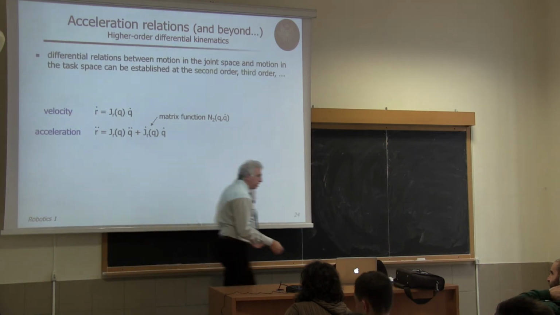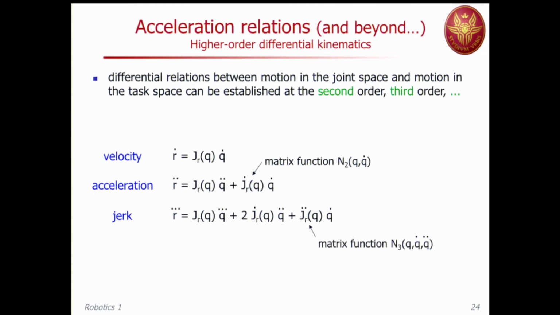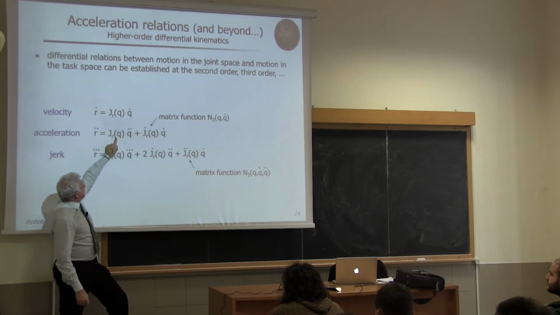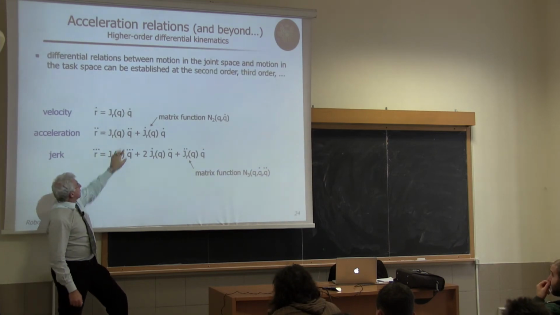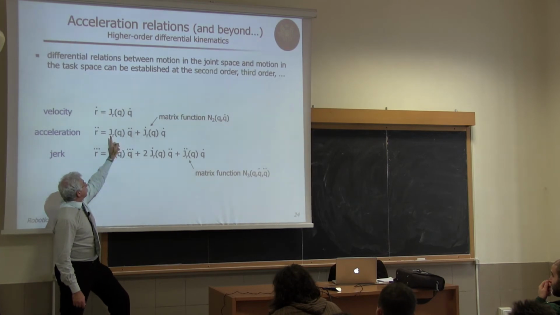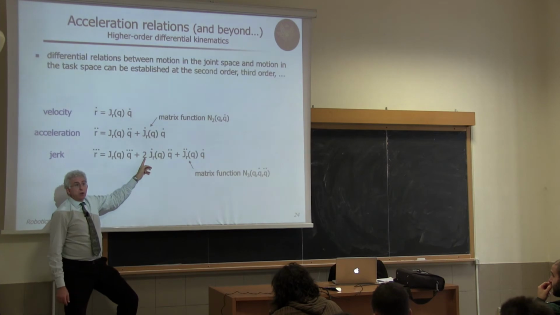In fact, if you repeat this for the third order, okay, now you have multiple terms. Pay attention how the differentiation occurs. So you take this term, you take the derivative with respect to time for this, and you leave this untouched, so you have this contribution. Then you take the derivative of this, and you have Q double dot, so you have J dot, Q double dot, and this is the first of these two contributions.